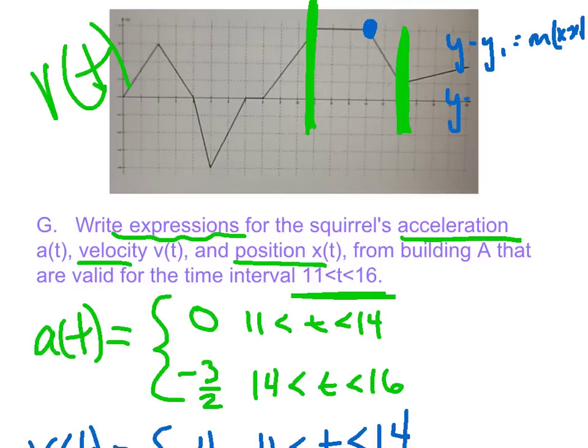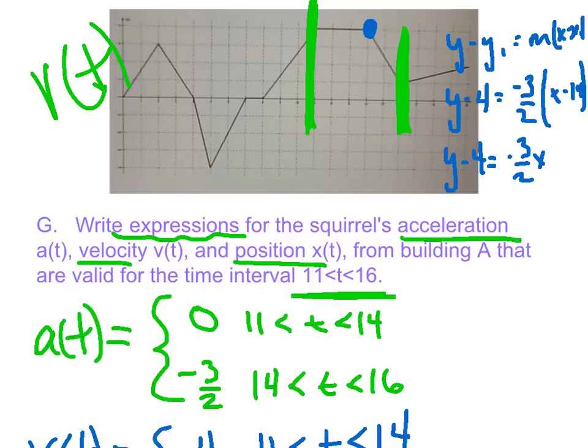So y minus 4 equals the slope, which we said was negative 3/2, times x minus 14. And I'm going to keep cleaning that up, so I've got y minus 4 equals negative 3/2 x. If I distribute that, I get negative 3/2 x plus 21, I believe.